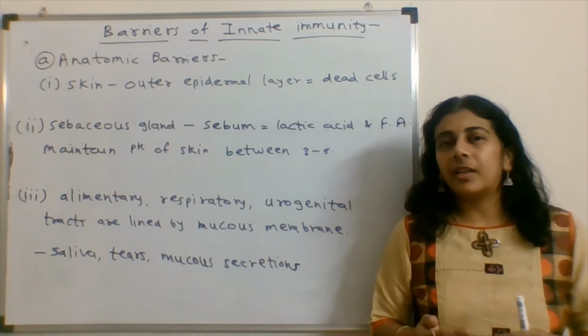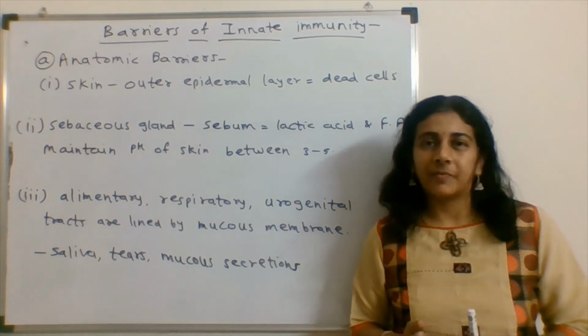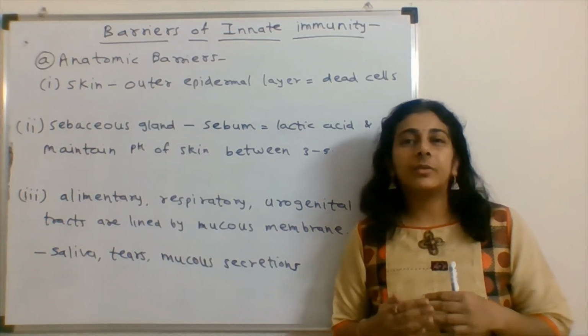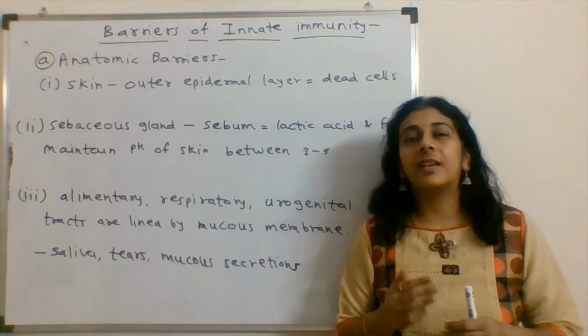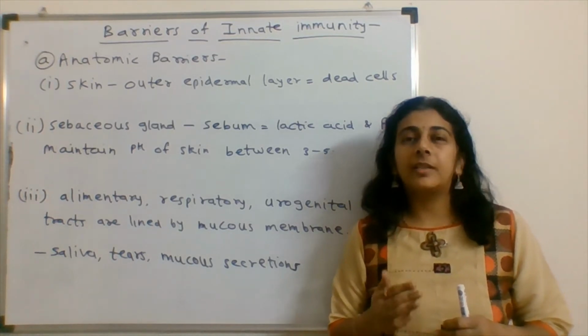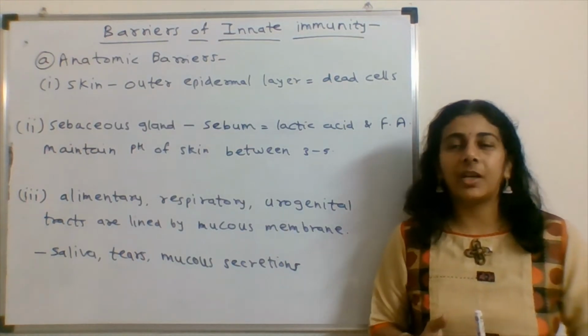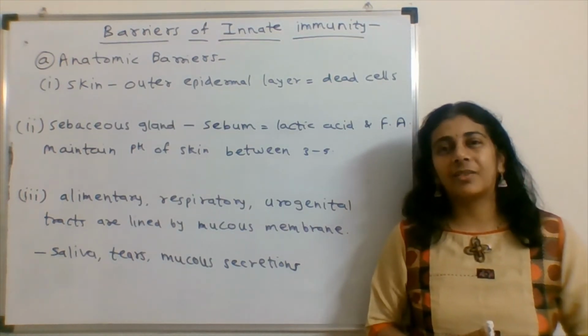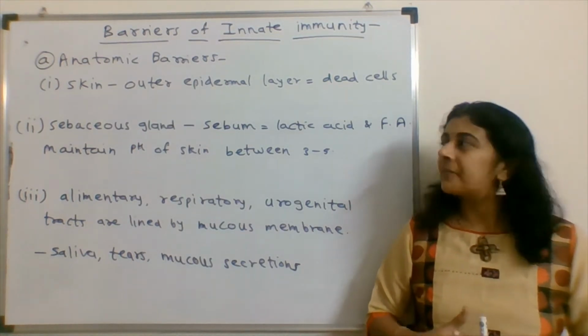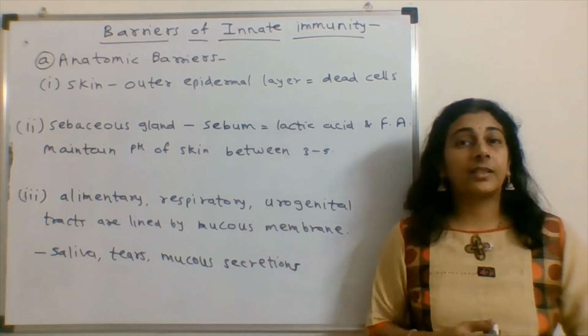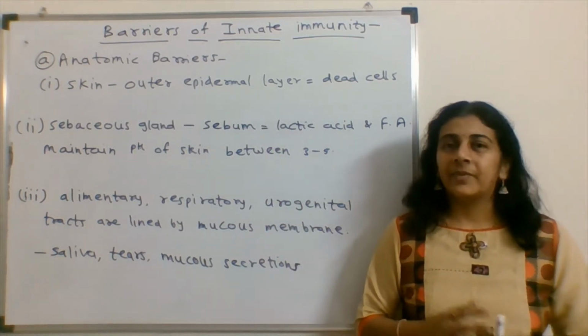So the outer layer has dead cells, right? Due to the presence of dead cells, viral infection can be avoided because a virus cannot survive in dead cells. So this is the role of the skin.